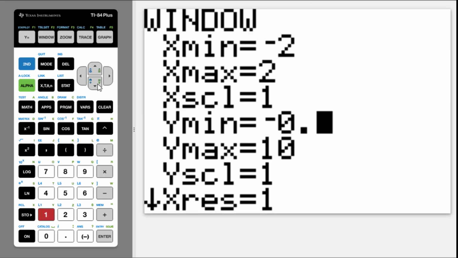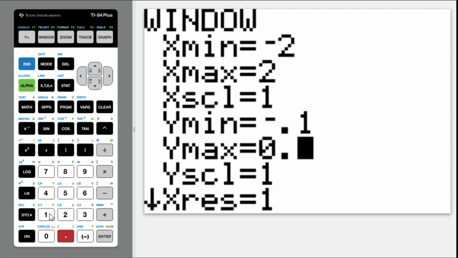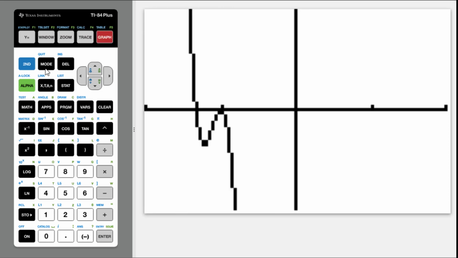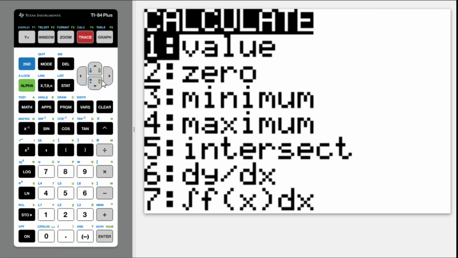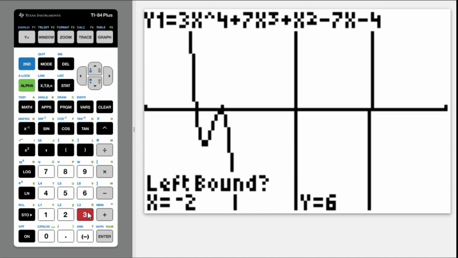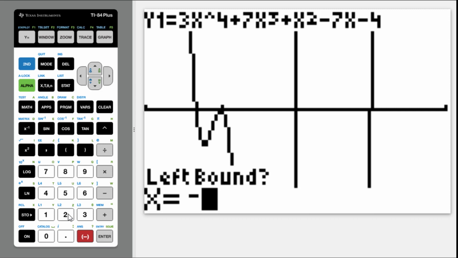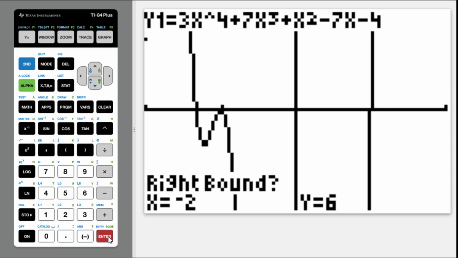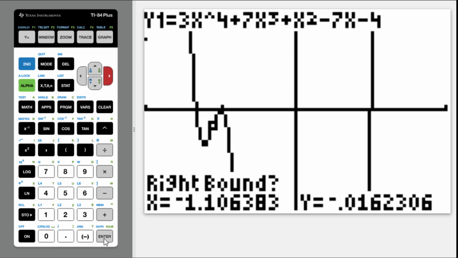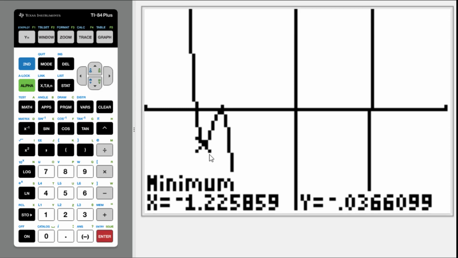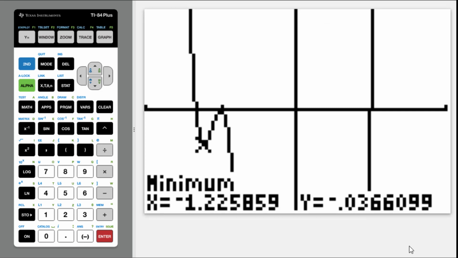We still need to change the window to figure out the minimum value of this part. Negative 0.1 and 0.1. Graph. Second trace. Go to 3. Left bound, negative 2. Enter. Right bound, move. Enter. Enter. So the minimum value is negative 0.0366.